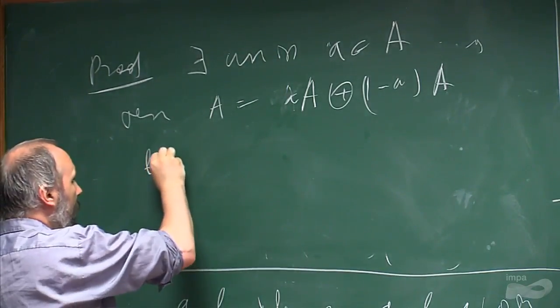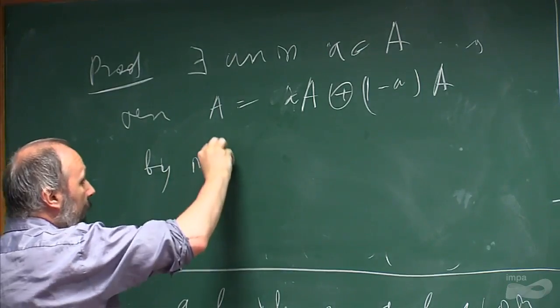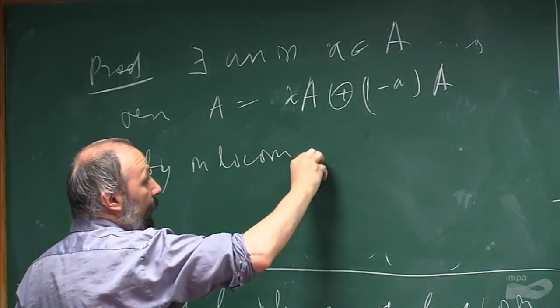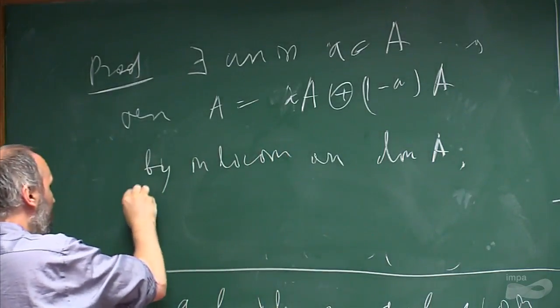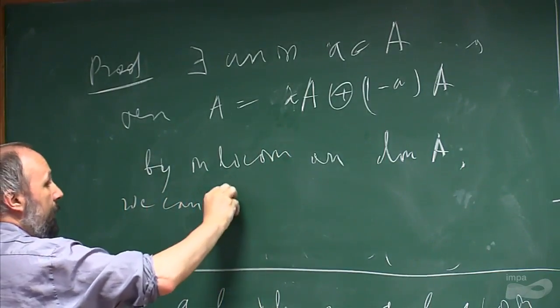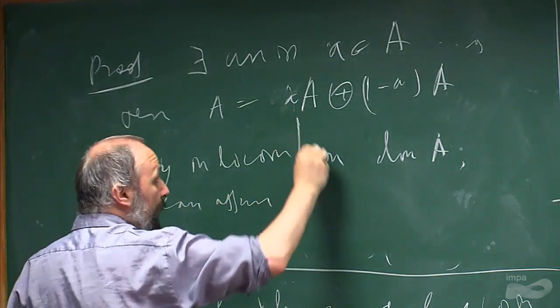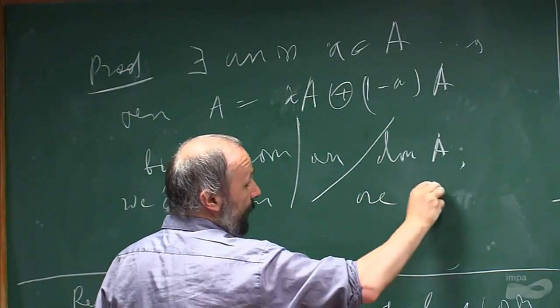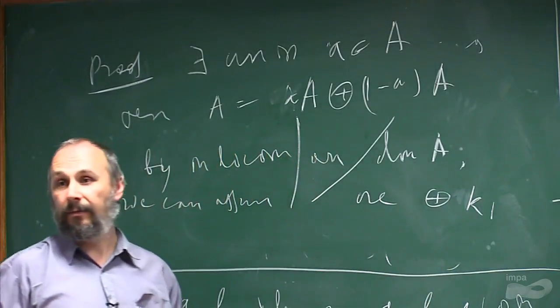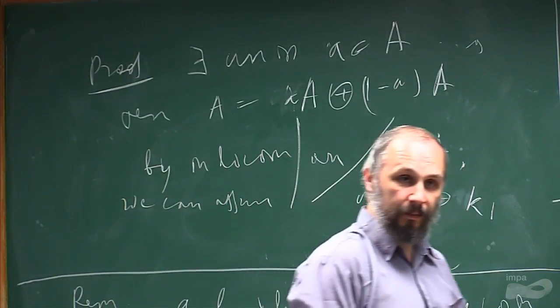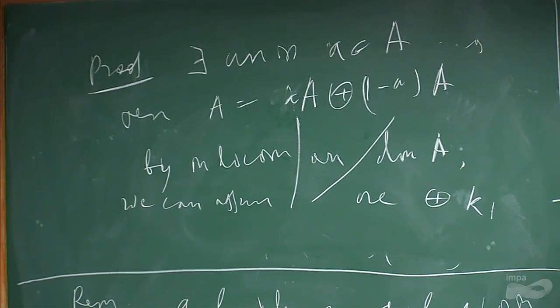So by induction on dimension, we can assume that these both subalgebras are already direct sums of fields. This is done. Questions? Comments? So this is how you decompose every Artinian algebra into a direct sum of fields.